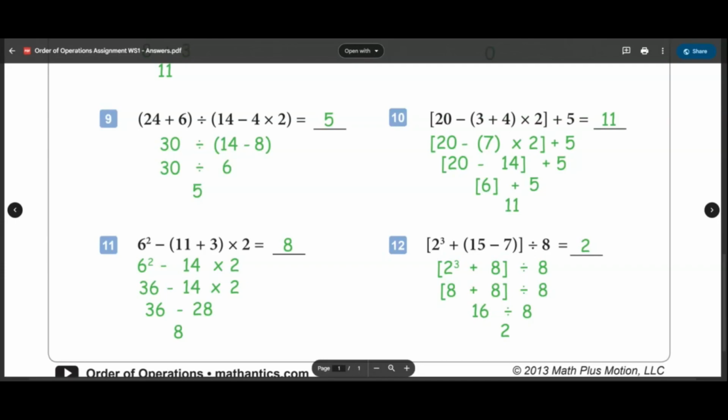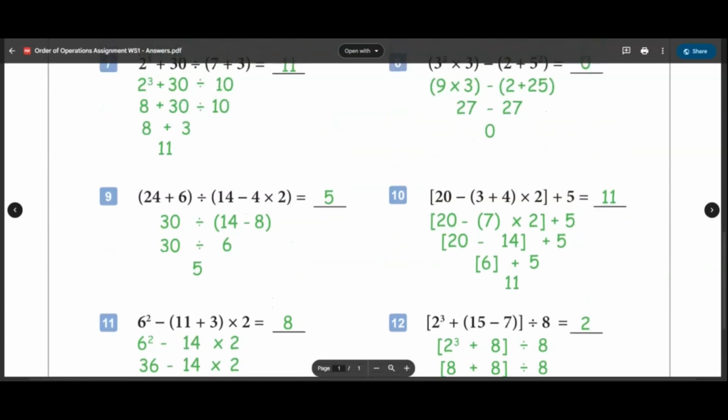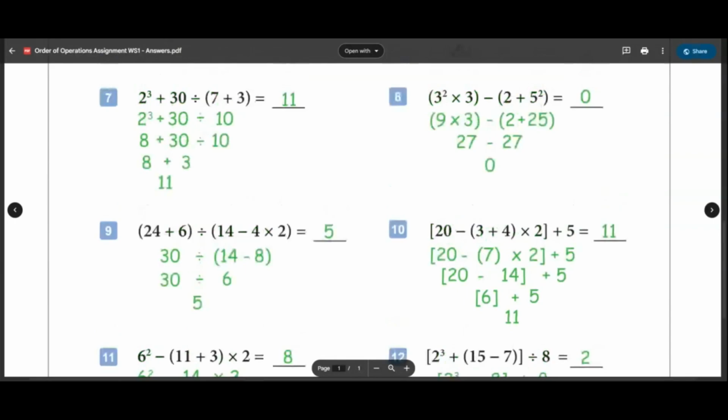We're going to check the answers on the other sheet first, and then we will come back. And just let me scroll back up a little bit on these, just so you can double check.